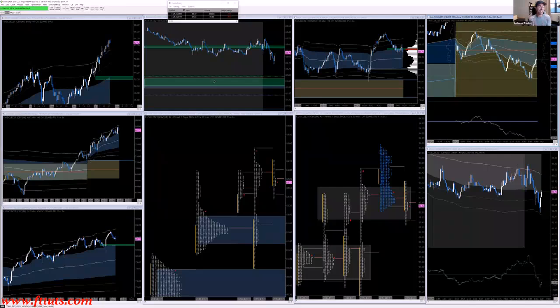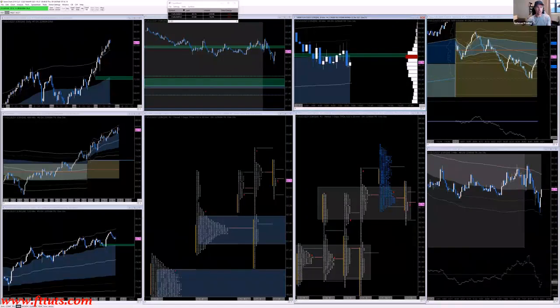Now, if it ends up being a wick, right? If we just snap back, and let's look at this chart in detail, let's say that we just snap back through here and this is just a nasty wick to VWAP. Oh, well, we got caught up in it earlier. It happens.